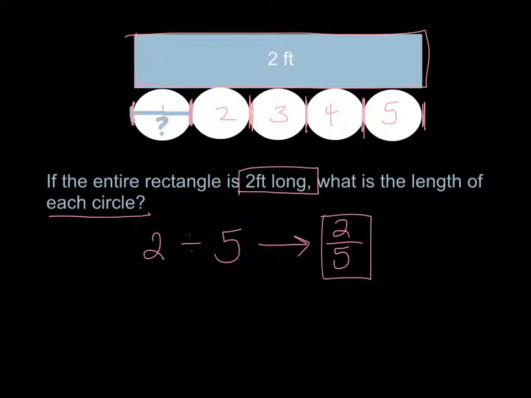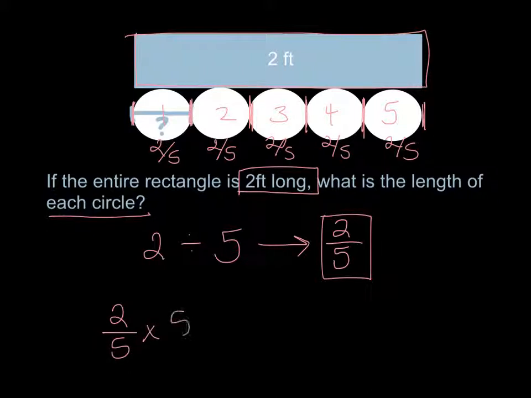And I can check this because if each circle was 2/5 long, I could check this with multiplication or addition. 2/5 times 5. 2 times 5 is 10. 5 times 1 is 5, and 10 divided by 5 is 2, which is the 2 feet that I started with.